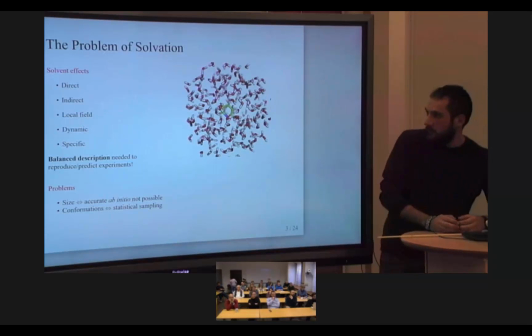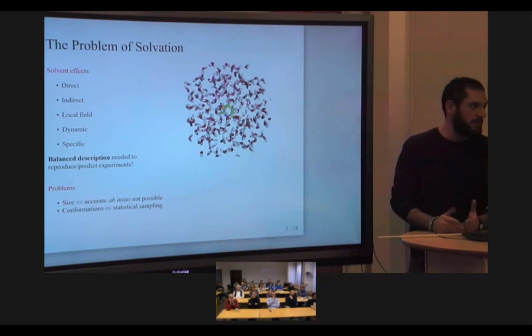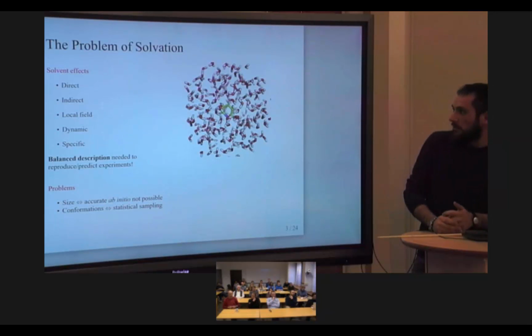And of course, whenever we want to treat these type of systems in a quantum mechanical model, we're faced with two main problems. The first one is that the size prohibits the use of high accuracy models, because of course we cannot run really accurate QM methods on systems of really large sizes.